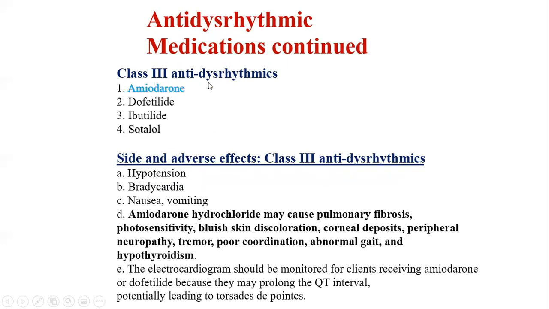Class 3 antiarrhythmic drugs are potassium channel blockers. The most common medications are amiodarone or sotalol. The indications of class 3 medication are ventricular tachycardia, ventricular fibrillation, or atrial fibrillation.